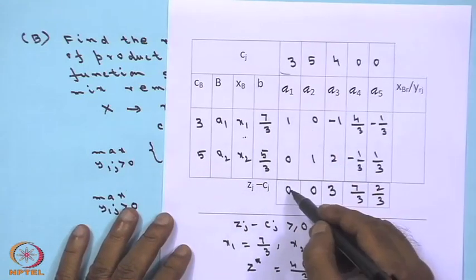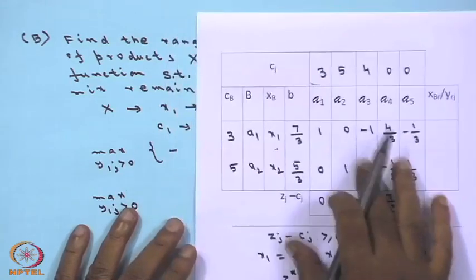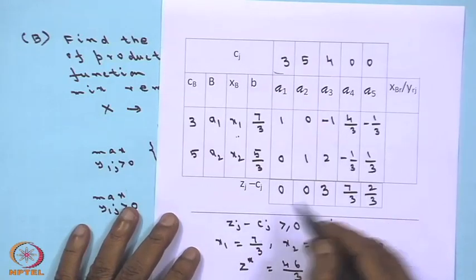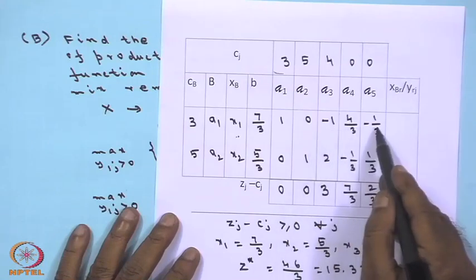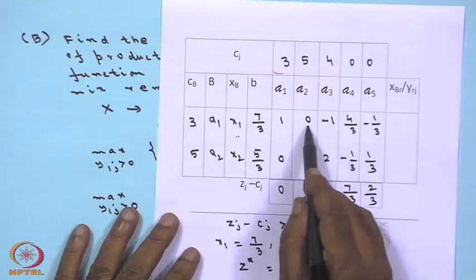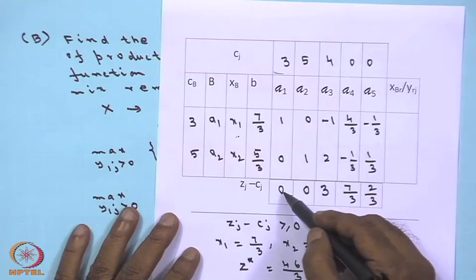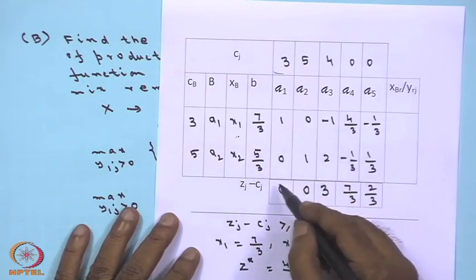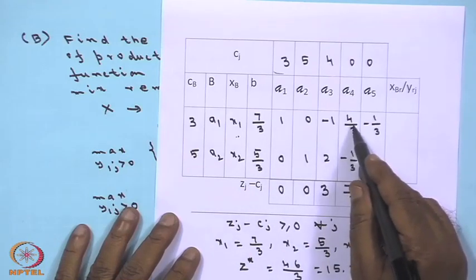Since the other entries are negative, we are not considering them, because y 1 j should be greater than 0. So, we are not considering columns A 2, A 3 and A 5. You will consider z j minus C j by y 1 j only where y 1 j is positive, for 1 and 4 by 3. So, one will be 0 by 1, another will be 7 by 3 divided by 4 by 3.